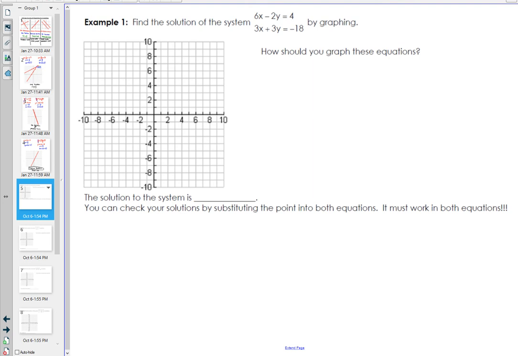Okay, so what's the solution? It's one intersection, right? One intersection is two. Yeah, 2, -4 doesn't work. Yeah, it's definitely not 2, negative 4.